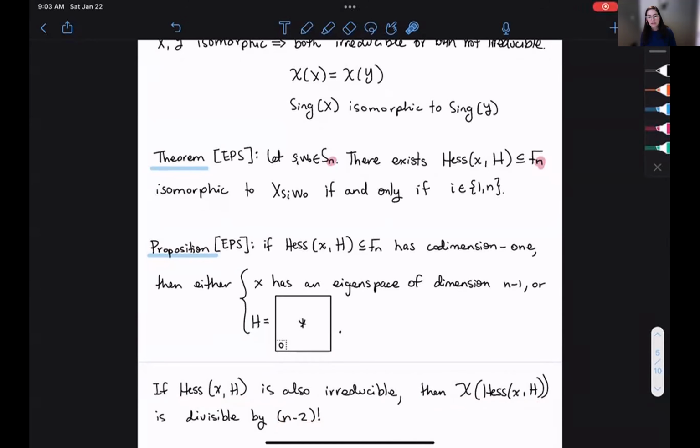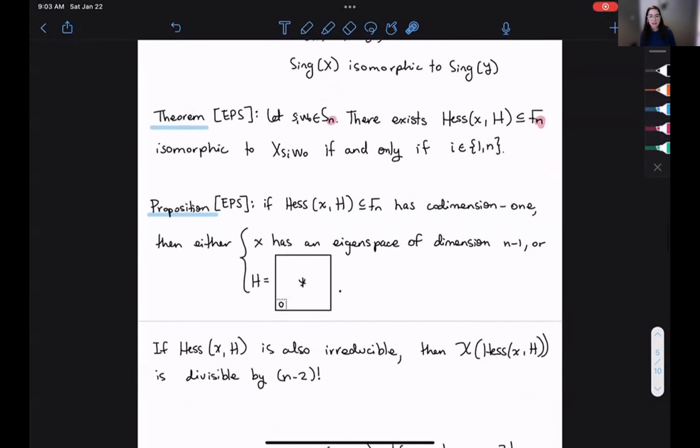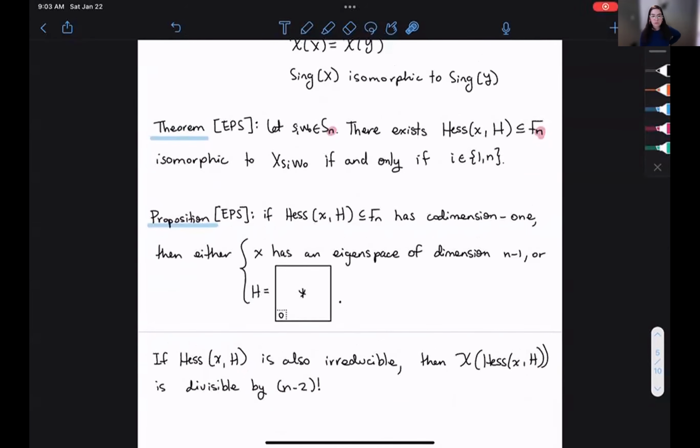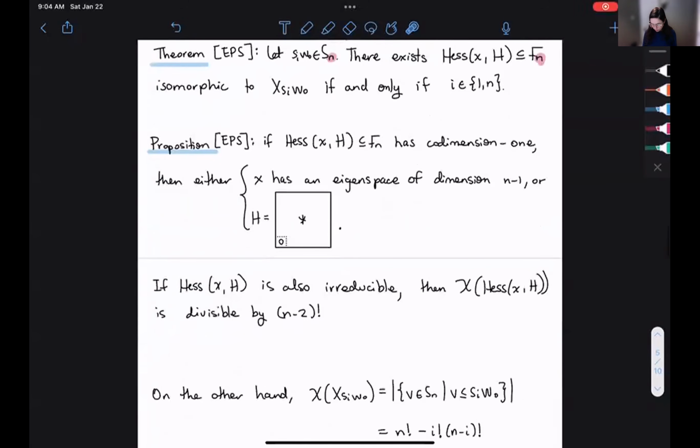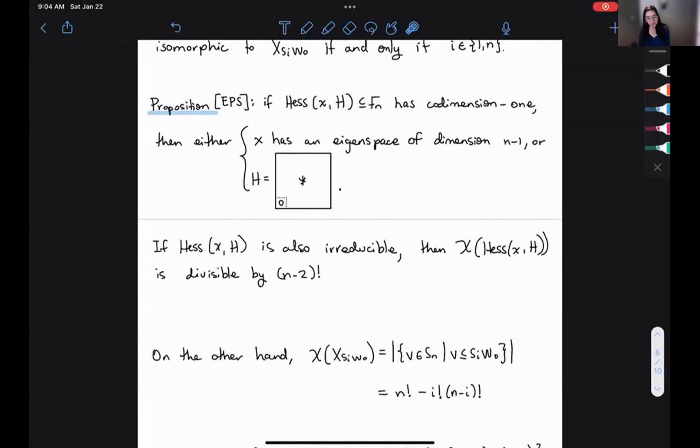So here we have the opportunity to use the Euler characteristic of Schubert varieties to compare the two Euler characteristics. This is not hard, it's quite well known that the Euler characteristic of a Schubert variety is just the number of cells in the Bruhat decomposition.